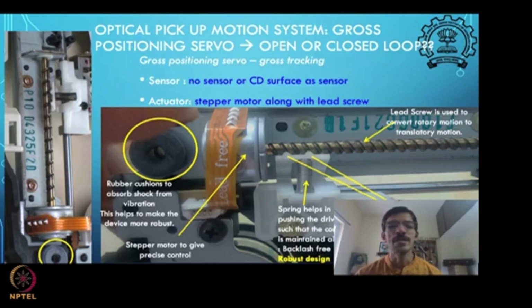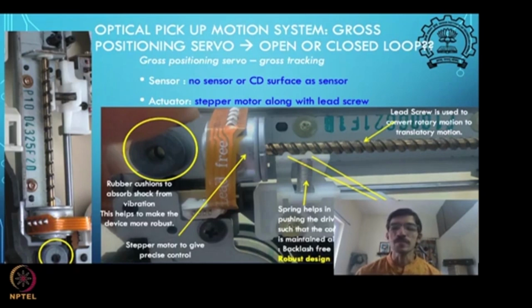Imagine you have a hole in which a smaller rod is pushed, and you can move the rod in any radial or linear direction, back and forth in the hole. That kind of play is backlash in the system.